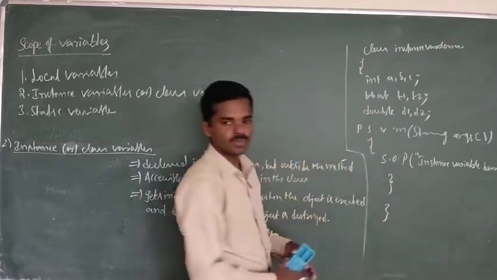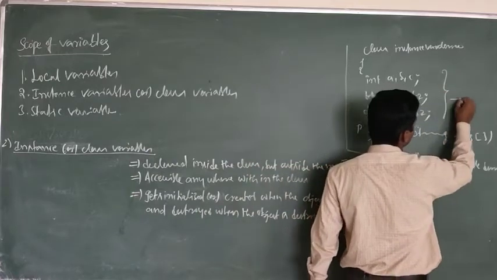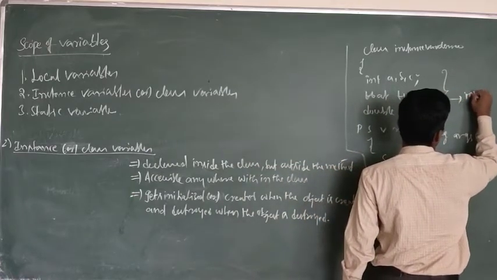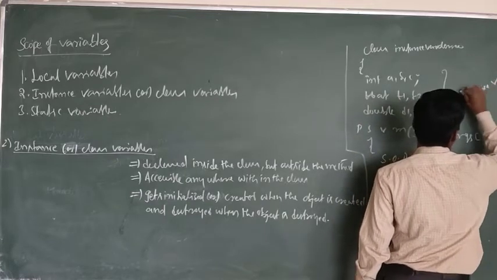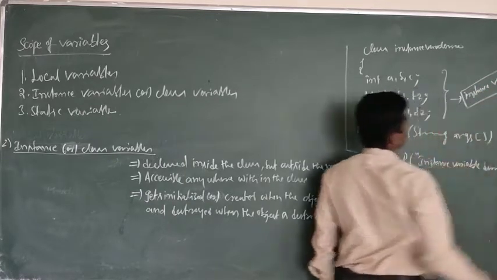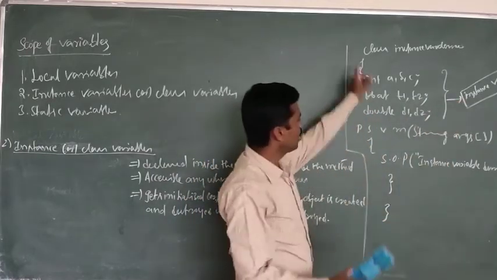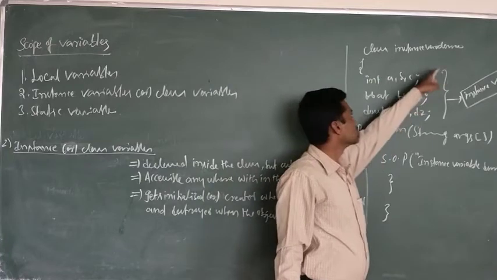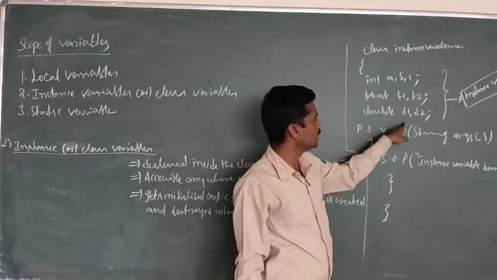This is the example of instance variables. These three kinds are called instance variables: int a, b, c, float f1, f2, and double d1, d2.